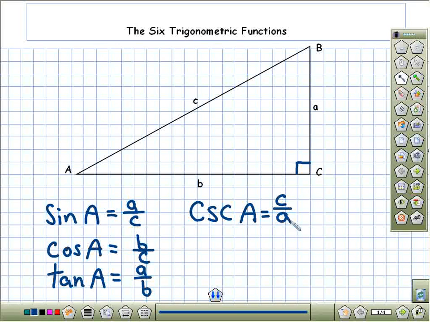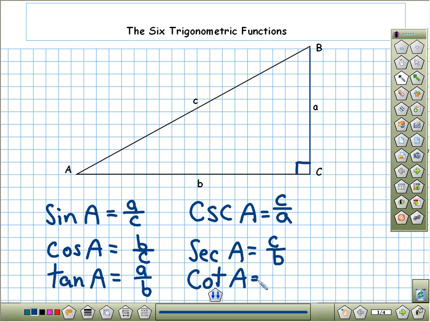So now we're getting into some territory that might be a little strange to you, because probably you haven't seen much about cosecant. And then, of course, we have secant. And secant is going to be C over B. And then finally, we have cotangent. Cotangent of A is going to be B over A. Okay. Any questions about that?